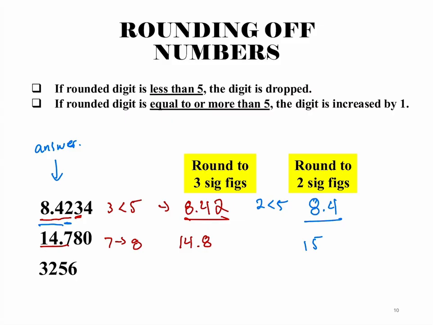What about 3,256 to 3 sig figs? 3, 2, 6. And then do we have to include anything else? A 0, right? When we're rounding to sig figs, we're still keeping the number the same magnitude. So if we don't include that 0 there, then we go from a number that's like 3,000 to a number that's 300.